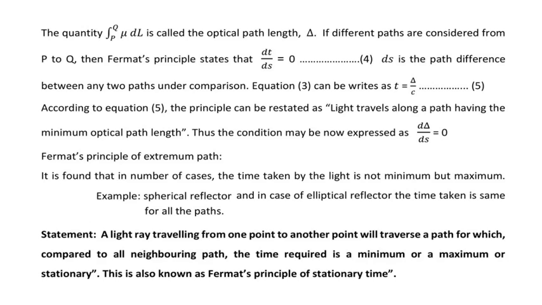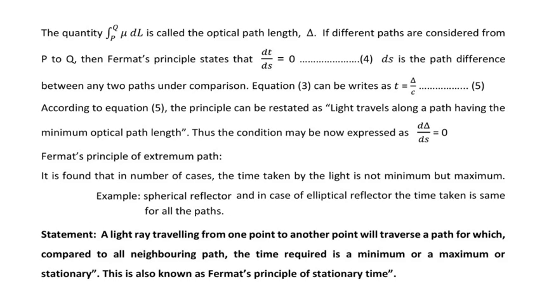It is found that in a number of cases, the time taken by the light is not minimum but maximum, for example, a spherical reflector. In the case of an elliptical reflector, the time taken is the same for all the paths.